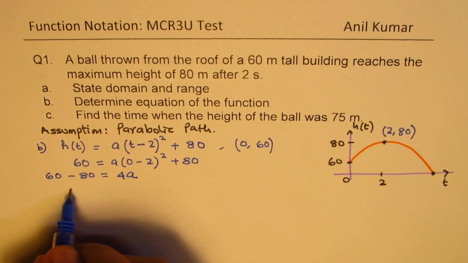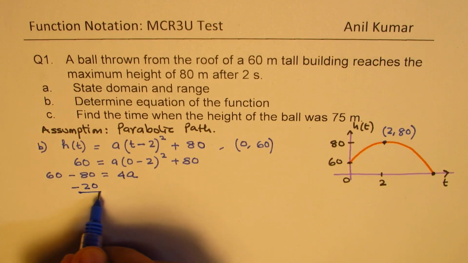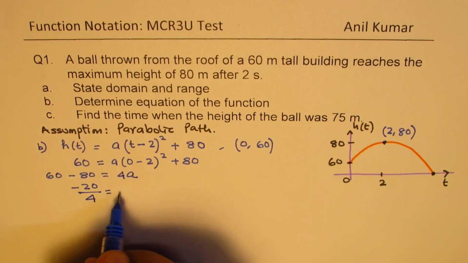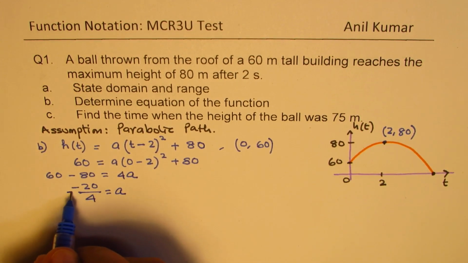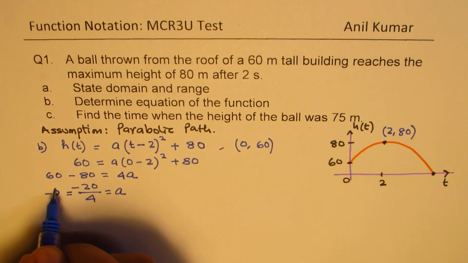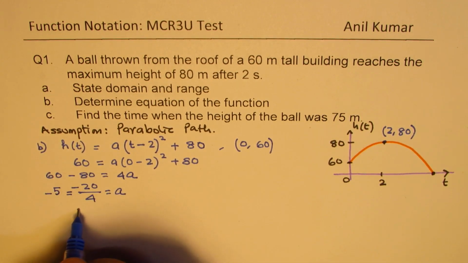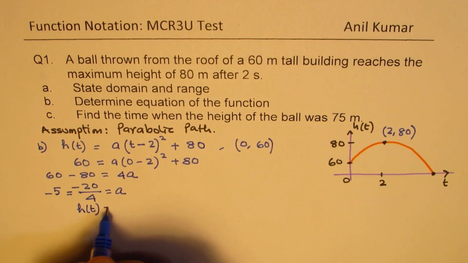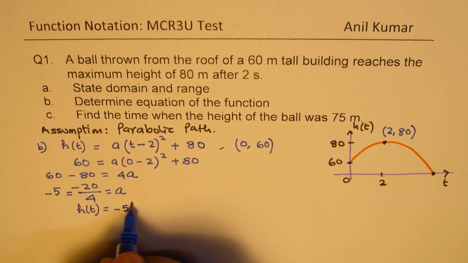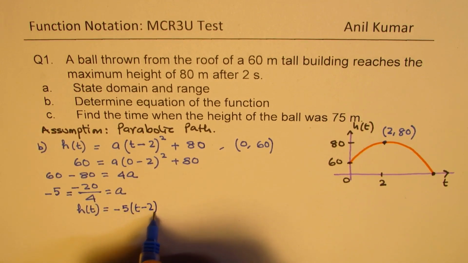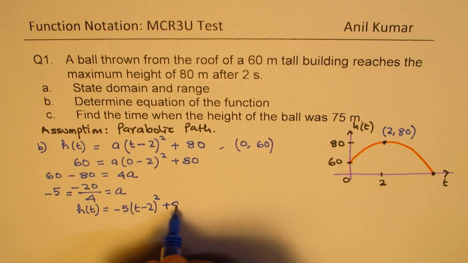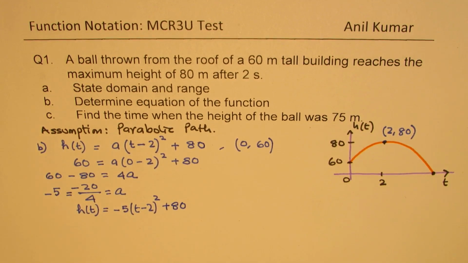So we have minus 20 divided by 4, and we get the value of a, which is equal to minus 5. So that gives you the function, which is h of t equals minus 5 times t minus 2 whole square plus 80. Is that clear to you? So we've done part B.